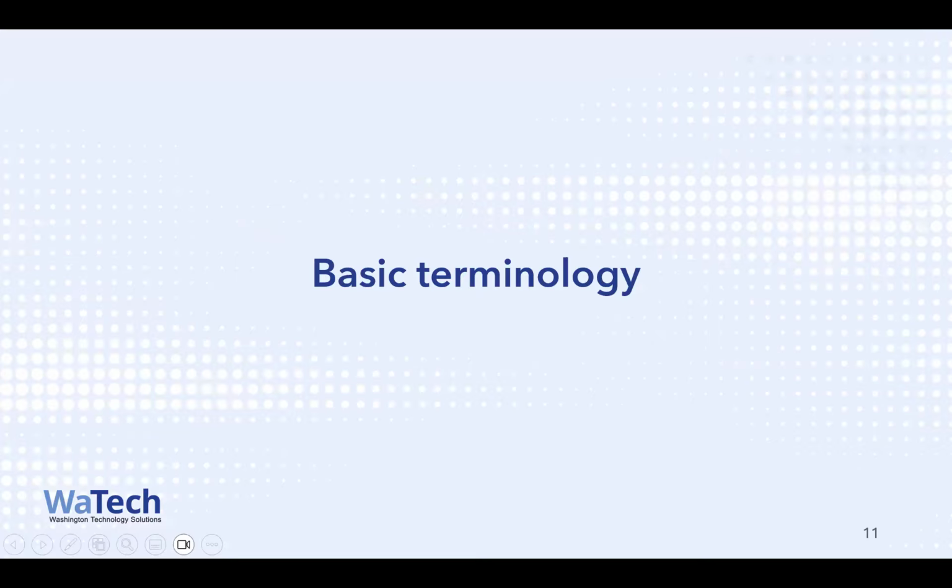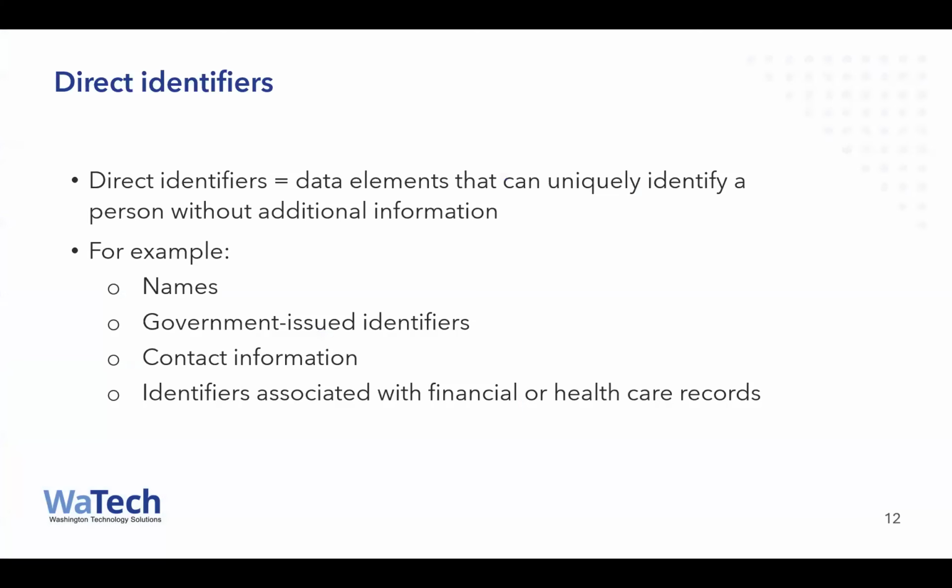I'm going to switch to some of the foundational basic terminology that we use when we're talking about identifiability and de-identification. And the first one is around the concept of direct identifiers. So these are data elements that can uniquely identify a person without additional information. Examples here would be something like a name, and that would include all versions of names, first, last, middle names, aliases, maiden names.